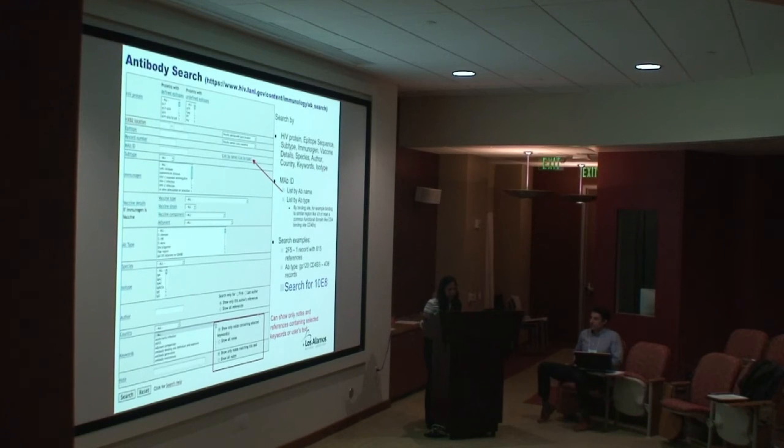So you could, for example, search for 2F5, which is an old HIV antibody. If you searched for that, you would get 815 notes, because there are that many papers that have discussed it and that have been annotated in here.